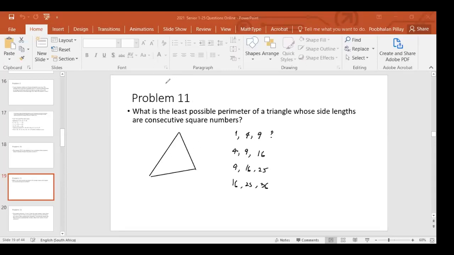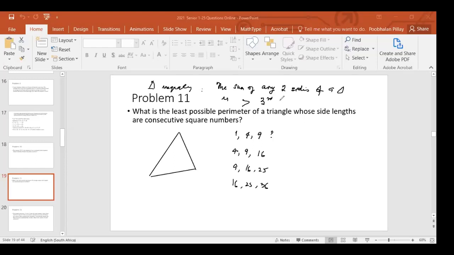But one very important fact, I think we have said this before, is the triangle inequality. In any triangle, the sum of any 2 sides is always greater than the third side.